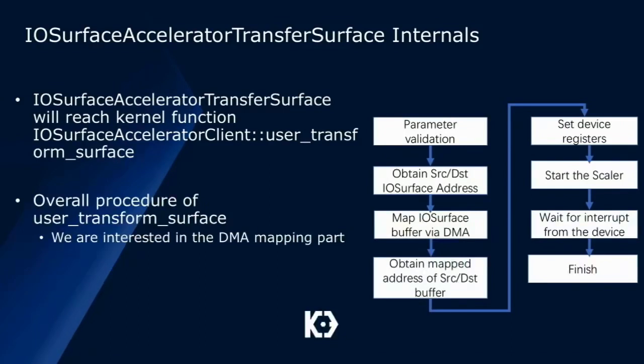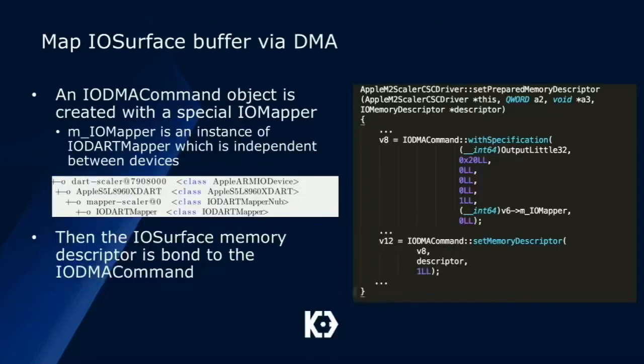After the scalar device is started, the kernel waits for the interrupt from the device to signal its completion. And after it is complete, everything is finished. So we are mostly interested in the DMA mapping part, and we are not interested in the other parts.